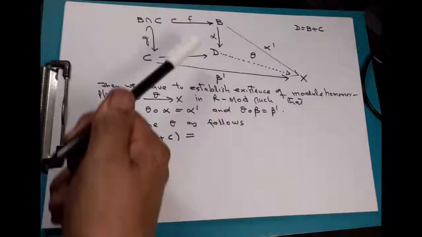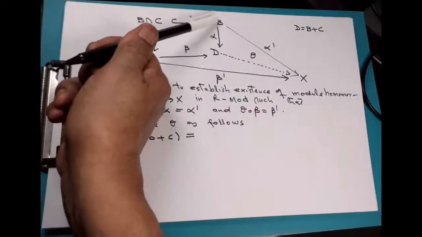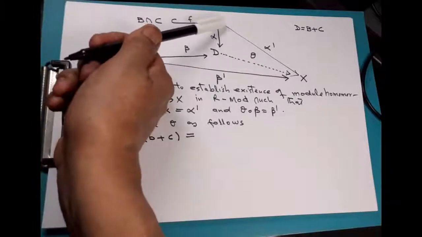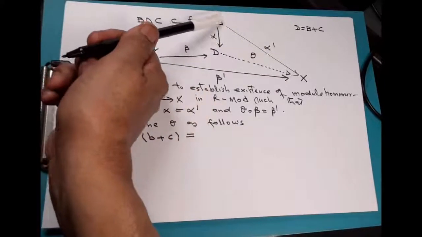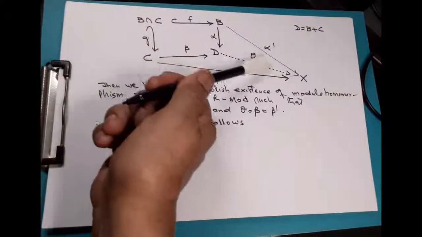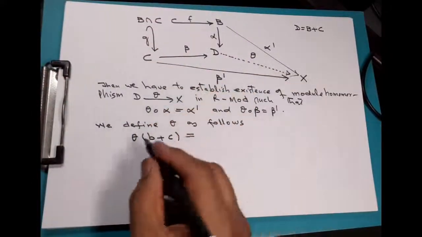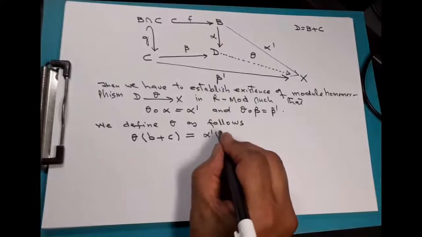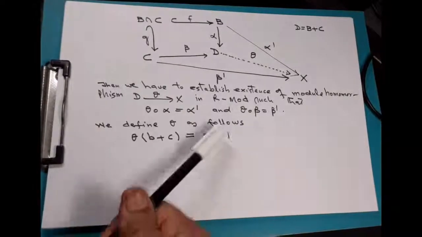So the effect of theta on b plus c is equal to, this is the way we define it. Note that b belongs to the submodule capital B. We can take the effect of alpha dash on this b. This will be an element of X, alpha dash b.